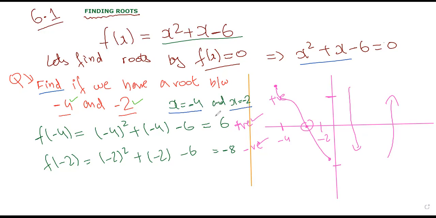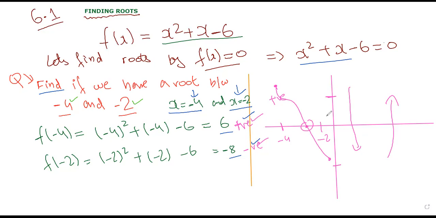You don't have to do it the way we just did it initially, but you need to do it through another method. And that other method is you need to find the value of function at this point. It is 6. And you need to find the value of function at this point. It is -8. So it is positive at -4 and it is negative at -2.